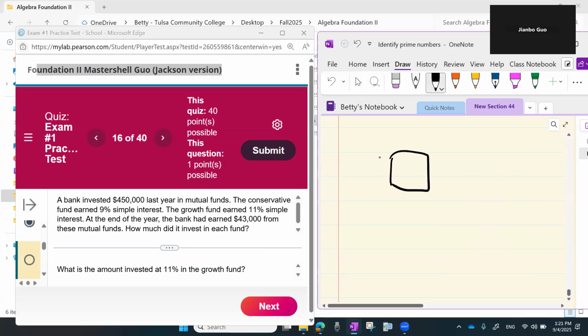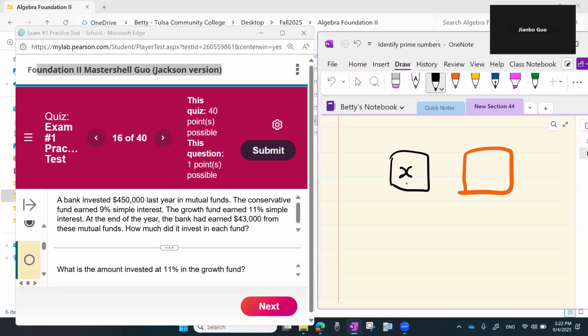Okay. 2 accounts involved, so I'm gonna draw them in different colors. The black one. We are looking for how much did it invest in each fund, right? So we can say we invest X dollars in the first account. Let's say the first account is a conservative fund.